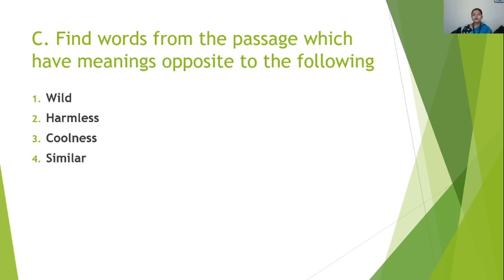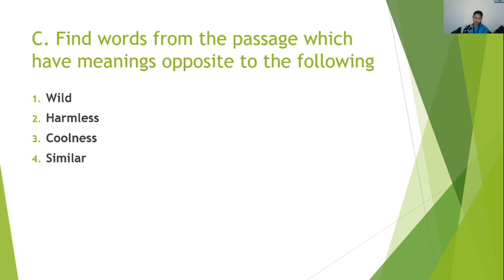I want everybody to please start reading the passage right from the beginning. Very carefully read each and every line. Okay, and as soon as you find it, write the answer in front of it. The first word is wild, so find its answer from the passage. I think you better read the first paragraph first.